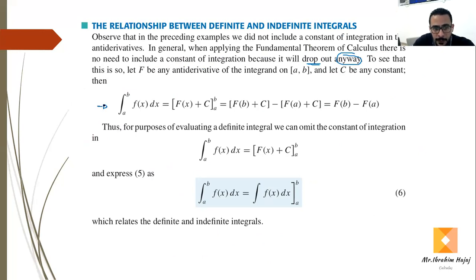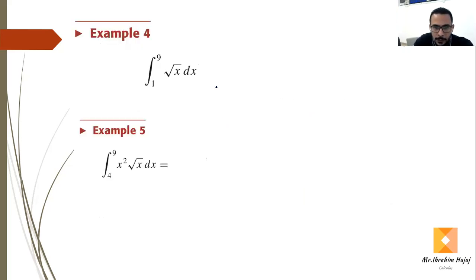For example, the definite integral from a to b of f of x dx can be written as F of x, which is the antiderivative of f of x, plus c, from a to b. Substituting, we write F of b plus c minus F of a minus c. We can cross out c with c and we still have F of b minus F of a. So no need to write the c.